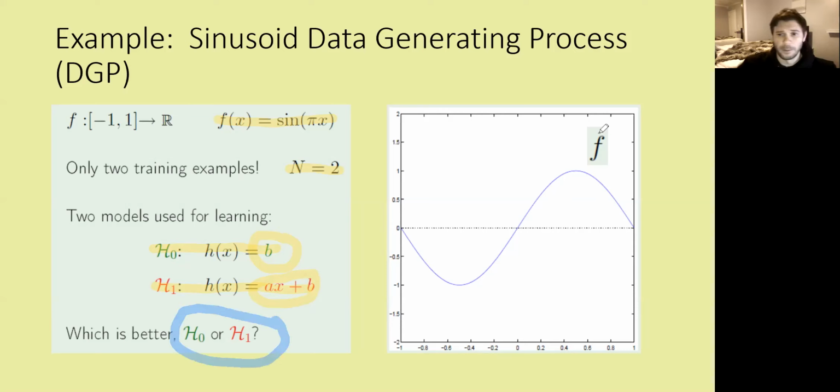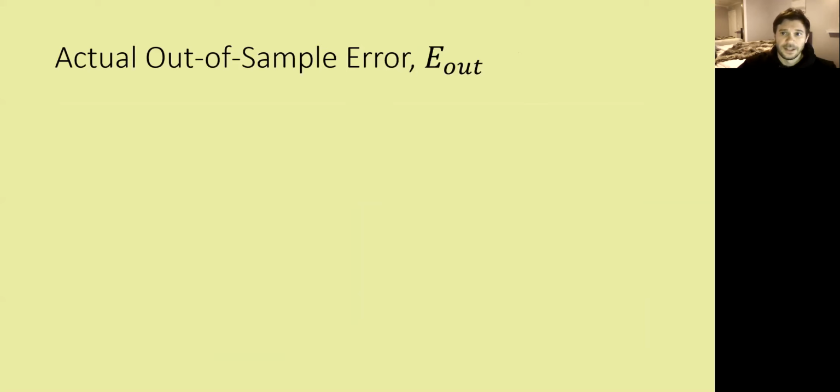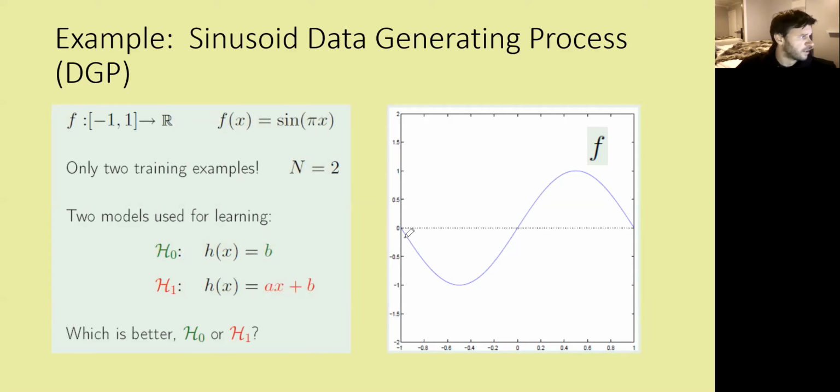And again, when we think about performance, we're going to have to differentiate between out of sample and in sample here. So here is the experiment we're going to run. We're taking the sinusoid function. We're going to sample from it just 2 observations. We're going to build both models with 2 observations. And then we're going to check how those models perform relative to this actual sine function that I have highlighted here.